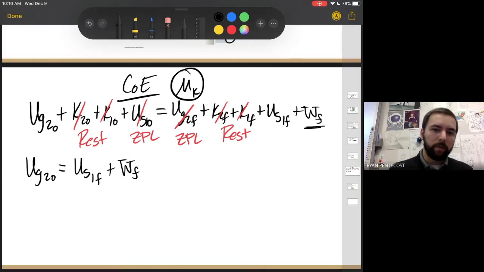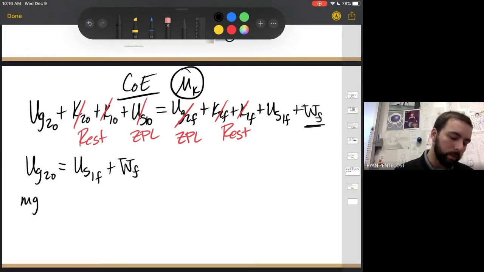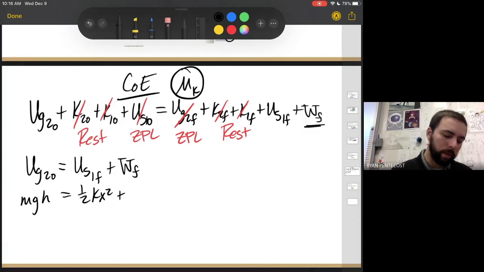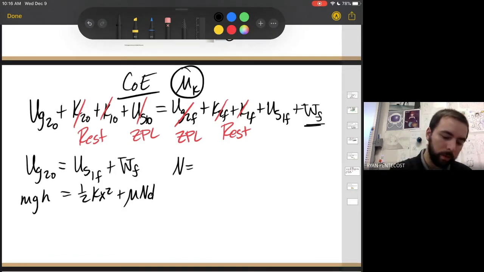So if we want to find this, what we do is we take mgh equals 1/2 kx squared plus mu n d. Okay? So here we know that normal force will equal mg on that flat surface. We also know that h will equal d, will also equal x.